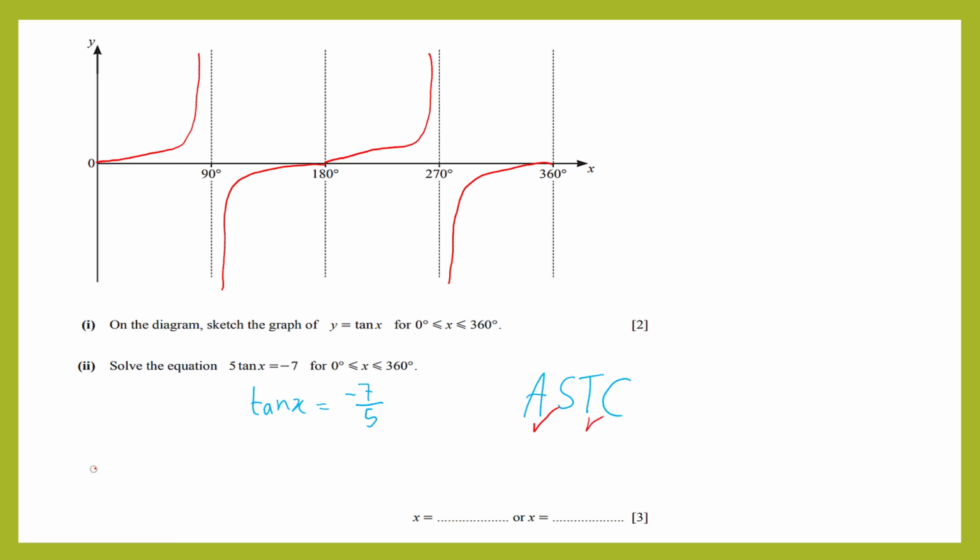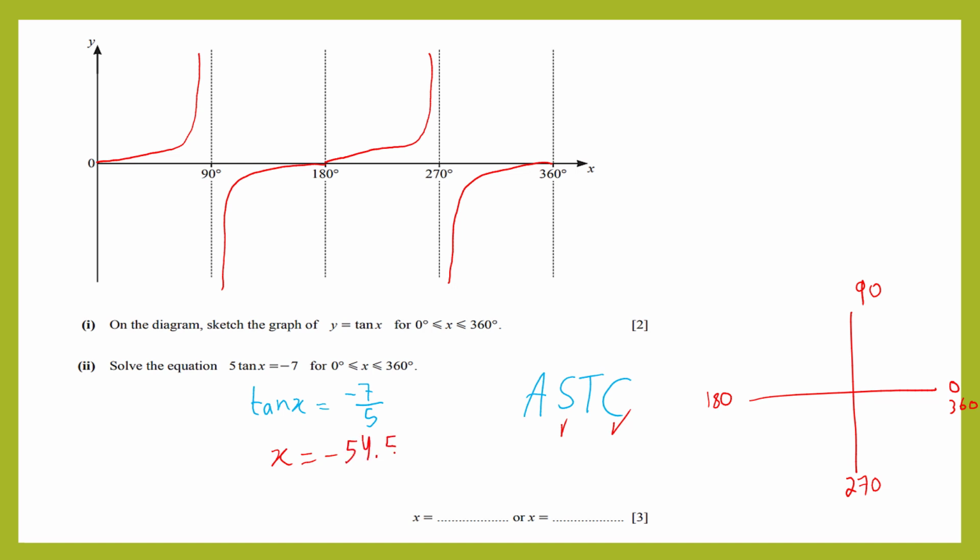I need where it's negative, it will be negative in the second and fourth. So if we draw the asterisk rule, then it ends at 360 degrees. So we need to do the tan inverse.